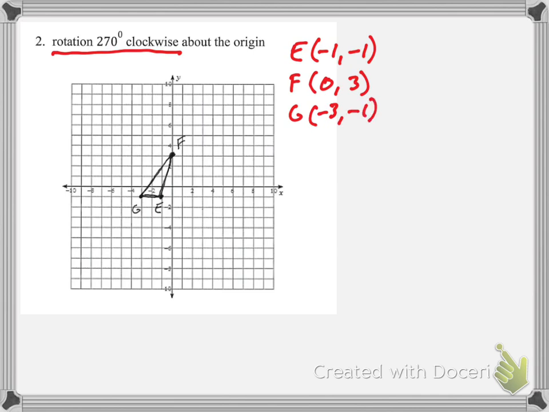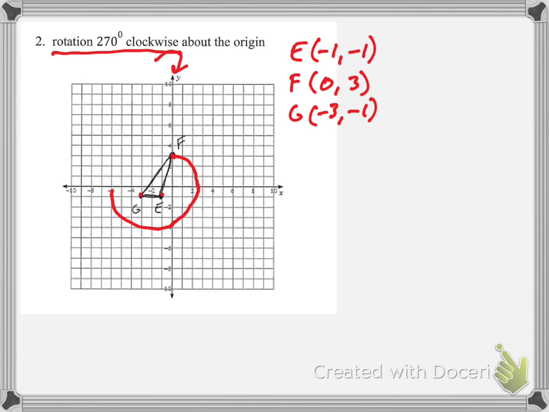So, clockwise. Now, here's the thing. Our points are in 2 different quadrants. So, clockwise goes that way. So, F's going to go here, here, and then up to here. That's where F's going to go.